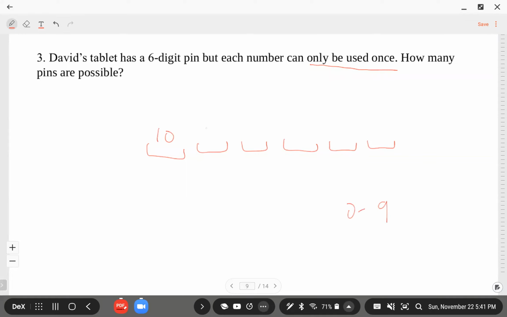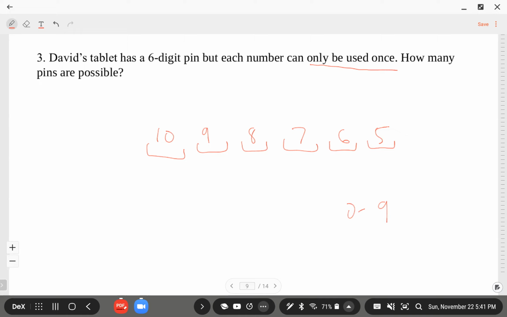Second number, we have 9, then 8, 7, 6. Why? This is because every number can only be used once. Let's assume you get a 5 on the first digit. Then we can't use 5 again.